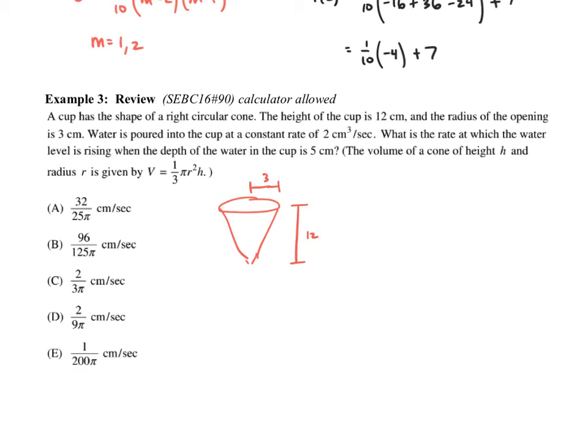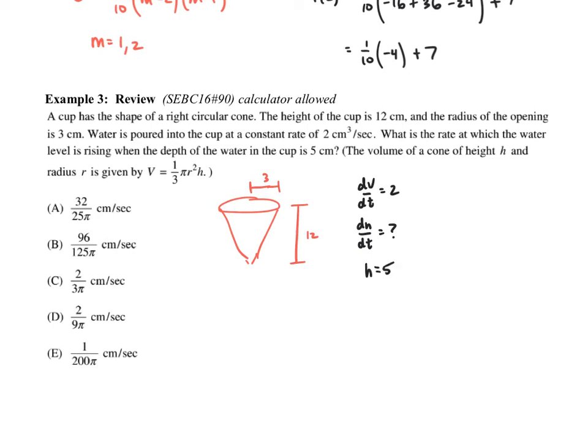Water is poured into the cup at a constant rate of 2 centimeters cubed per second. So we have dV/dt equal to 2. What is the rate at which the water level is rising? That's going to be dh/dt, our unknown, when the depth of the water is 5 centimeters, so when h is 5.